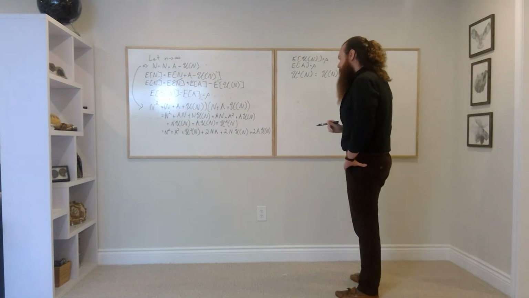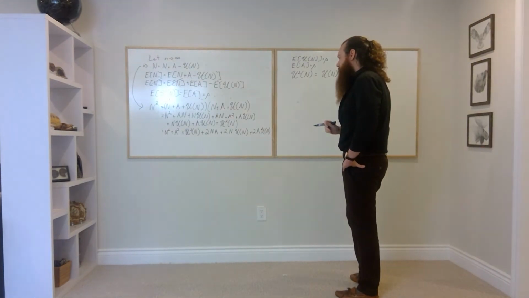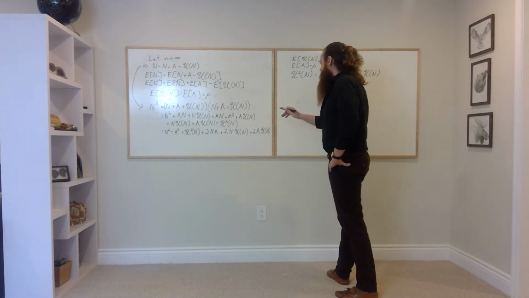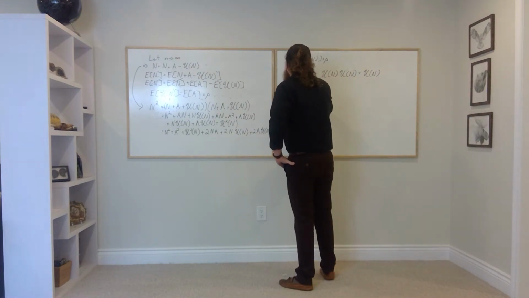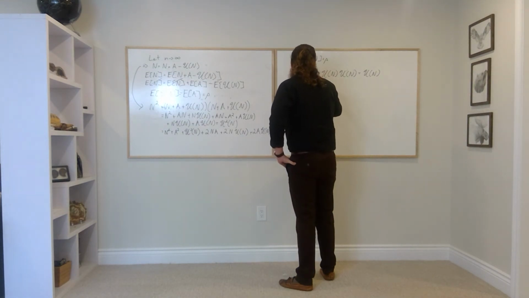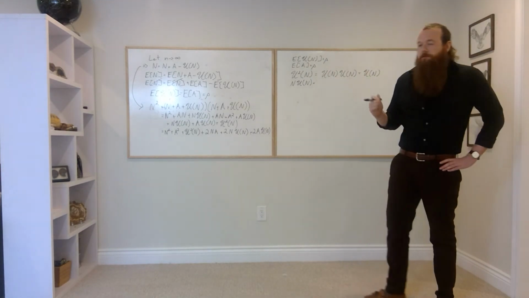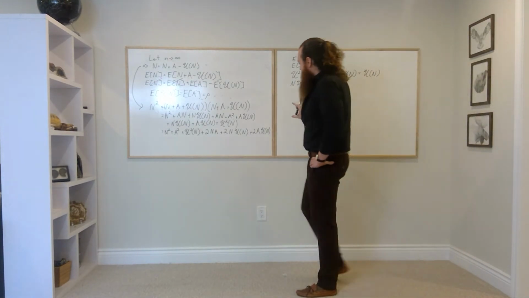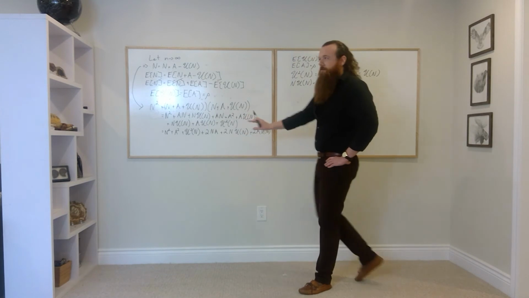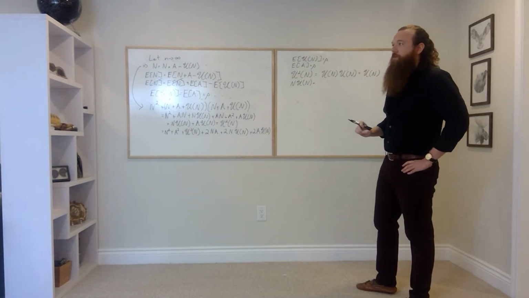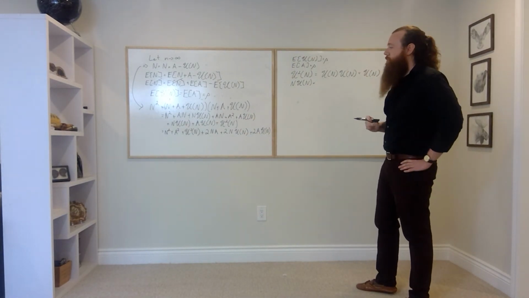Well, are there some other terms in here that could be an issue? Let's take a look at this one. See, whenever we take expectations, it can get tricky if we have a product of random variables and they're dependent on each other.